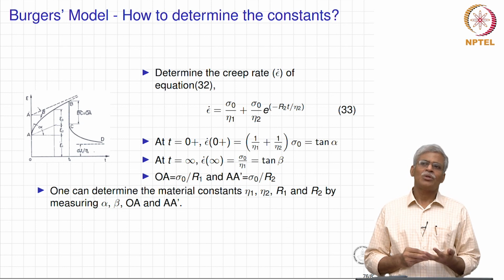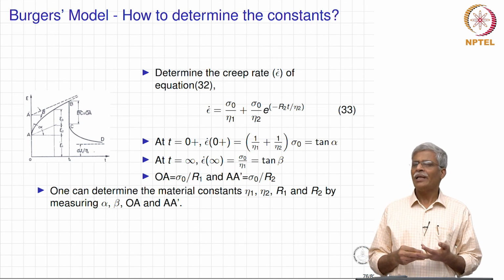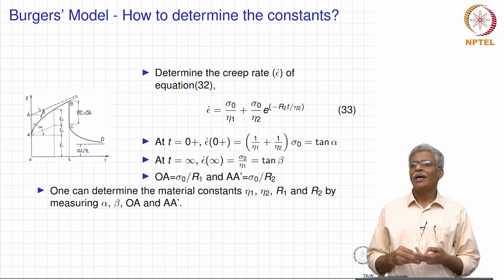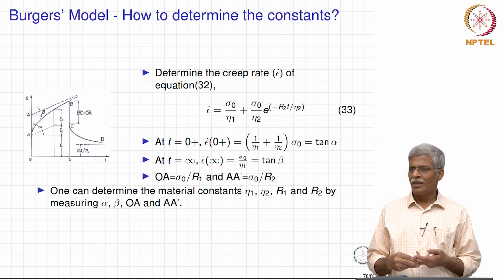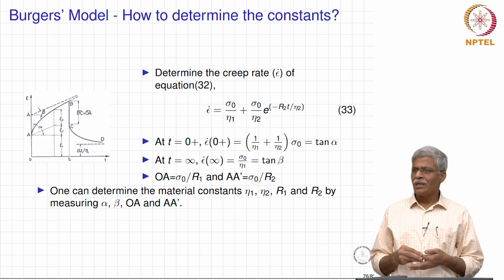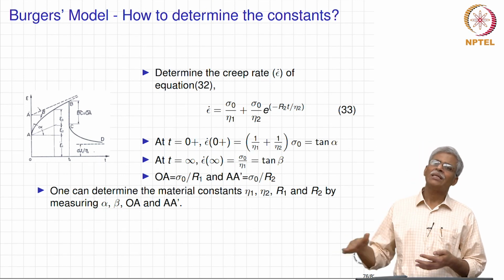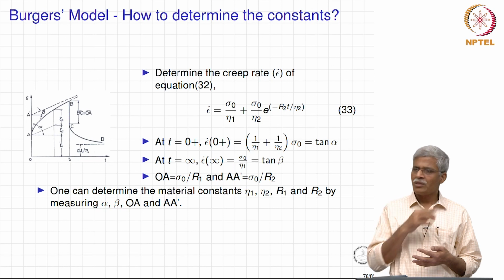The first and foremost thing is we should have an instantaneous elastic response, a delayed creep, as well as an instantaneous recovery as well as a delayed recovery, and you can have a permanent set or irrecoverable deformation, and similarly stress relaxation under constant strain.